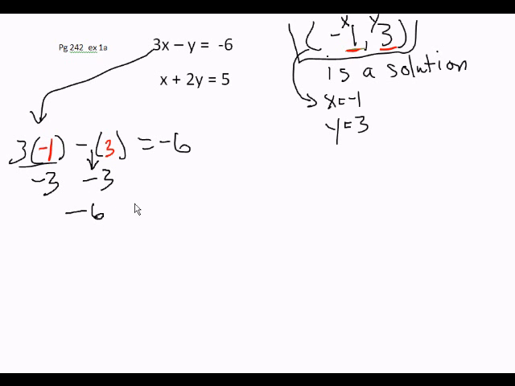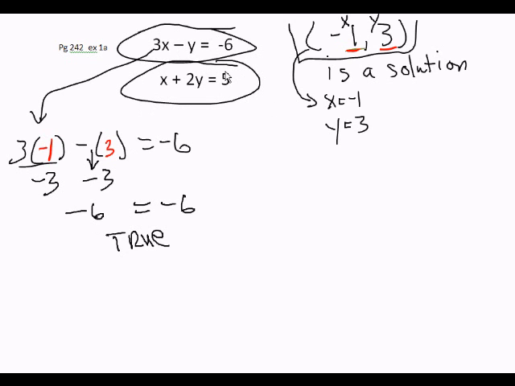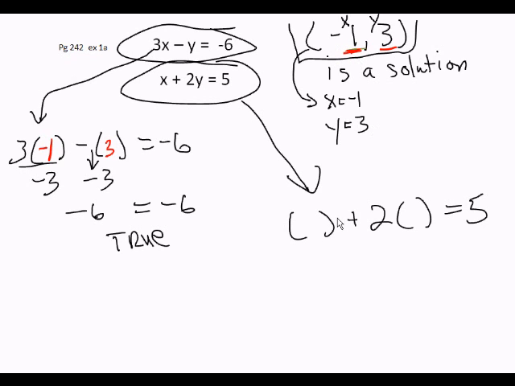Negative 1 times 3 is negative 3. Negative 3 minus 3 is negative 6. Negative 6 equals negative 6. This is a true statement. Now, I did it for the top, and we got a true statement. Now I want to do it for the second equation. The second equation is x plus 2 times y equals 5.